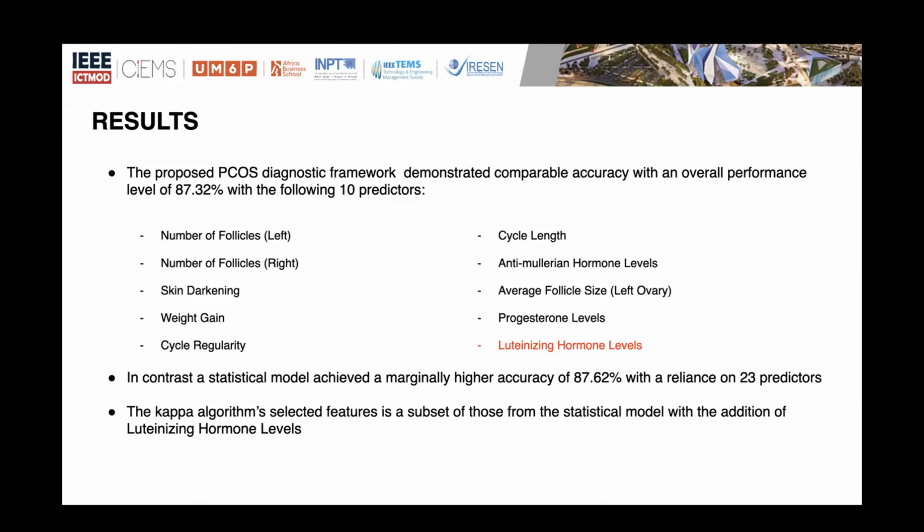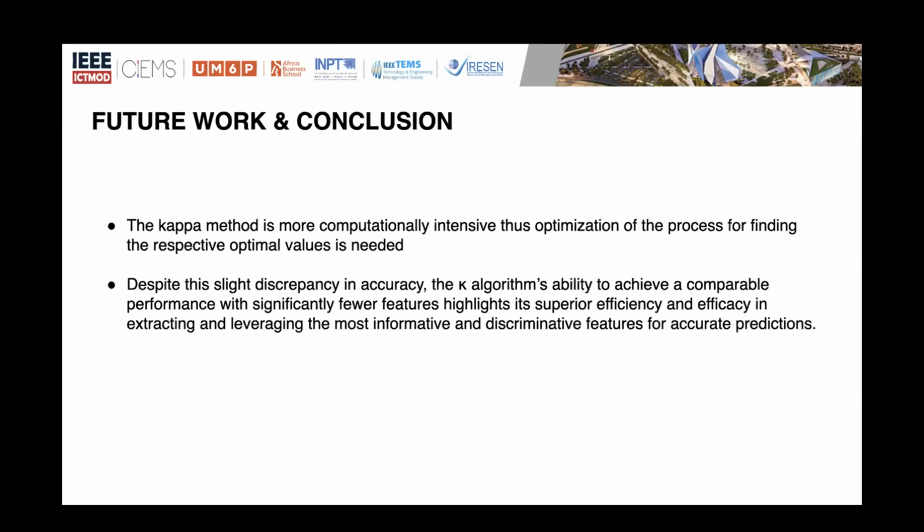As people have been mentioning before me, in comparison to the other machine learning models, kappa is just a bit more computationally intensive. Thus, we could see work done to optimize this process, but as we've been hearing, this is already in the works, so it's something that we could see added into the use of the kappa algorithm very soon.